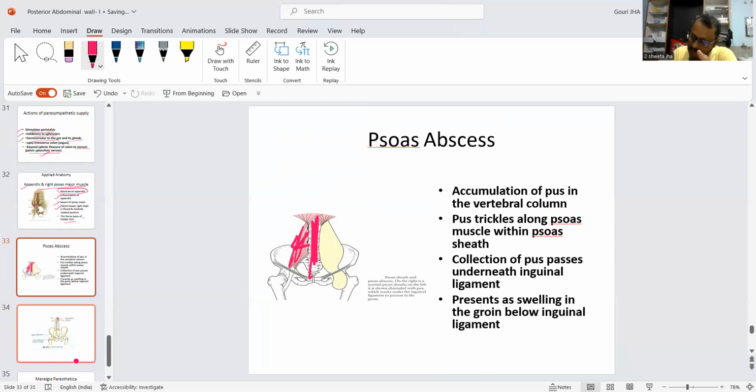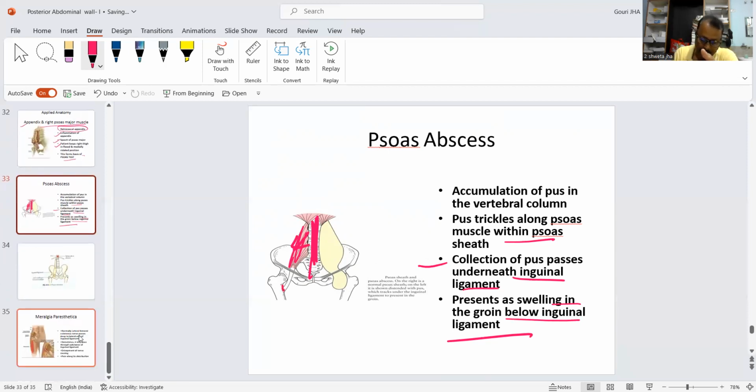So there is accumulation of pus in the vertebral column, the pus trickles along the psoas muscle within the psoas sheath, and collects underneath the inguinal ligament also, and from there the swelling goes below the groin, up to the groin region below the inguinal ligament.